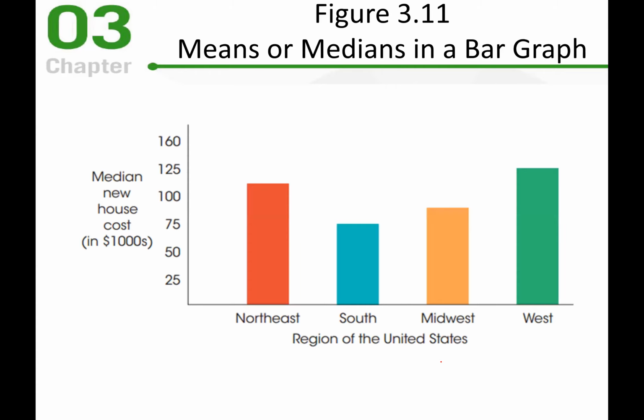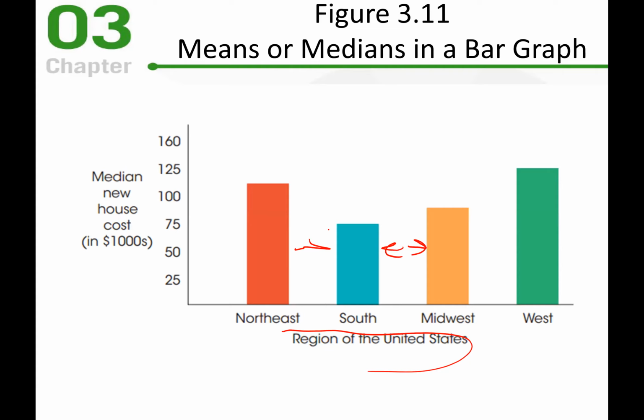Here is a bar graph illustrating the means and the medians for homes in different regions of the United States. We have Northeast, South, Midwest, West. We know this is a bar graph because these are separate.